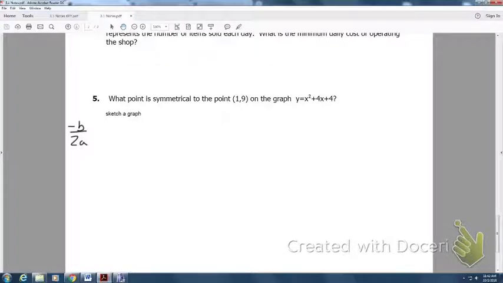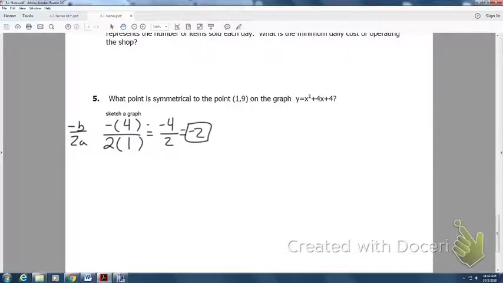Because remember, axis of symmetry is the same as the x value of the vertex. What is the b value on this problem? 4. What is the a value? 1. So I've got negative 4 over 2, which is negative 2.